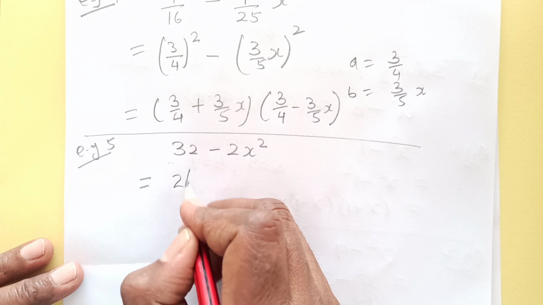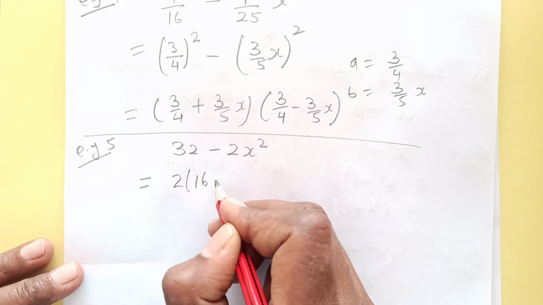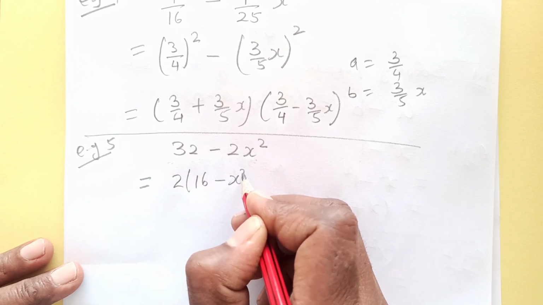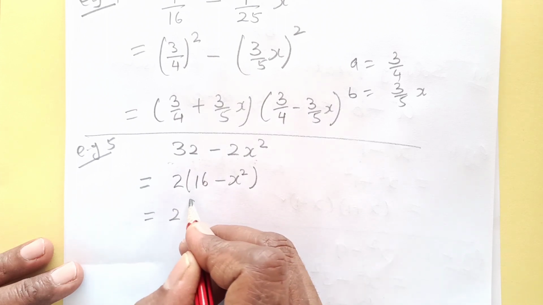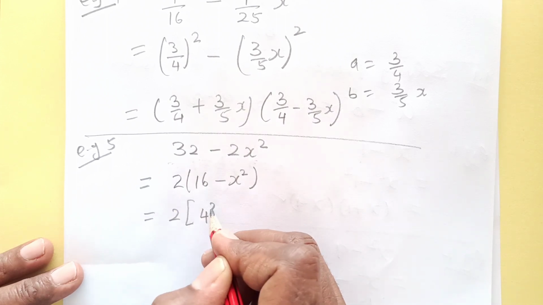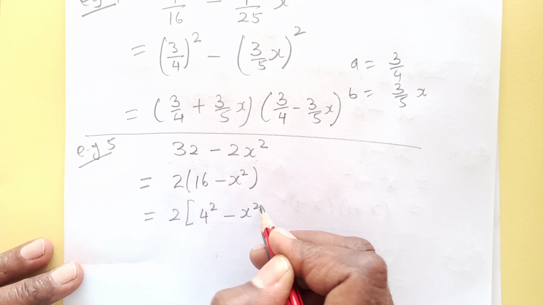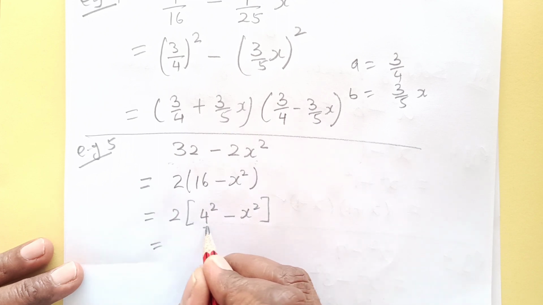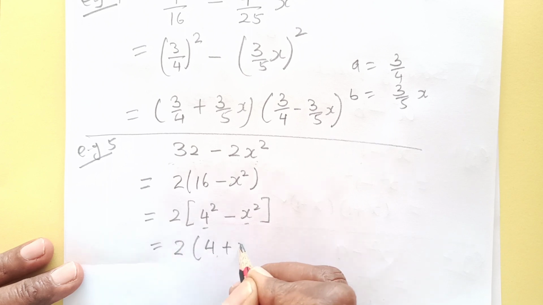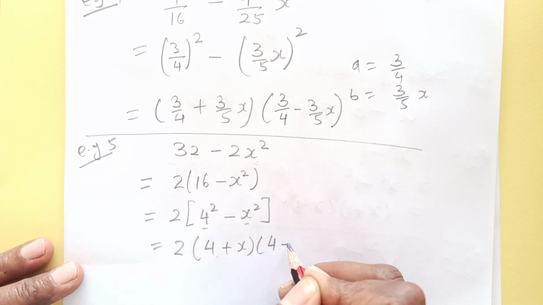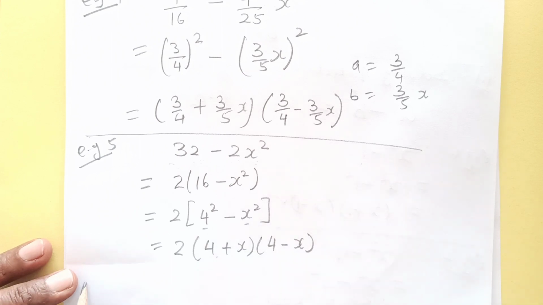If you take 2 common, this is going to be 16 minus x squared. Now inside we can write this 16 as 4 squared minus x squared. So now this is a and this is b, 2 remains as it is. So 2 times 4 plus x and 4 minus x. So that is going to be the final answer.